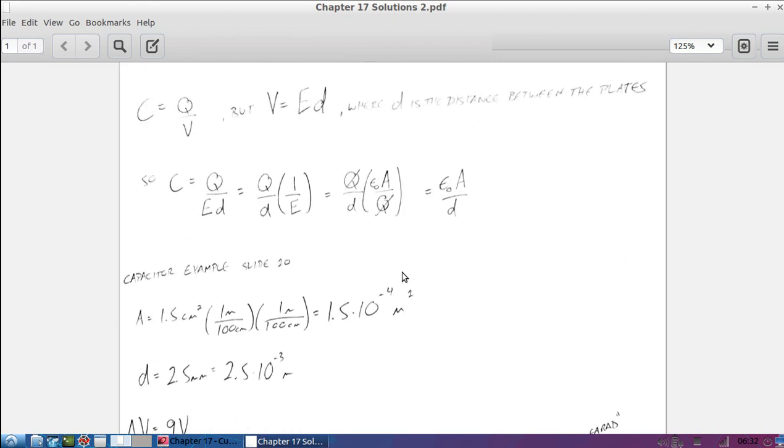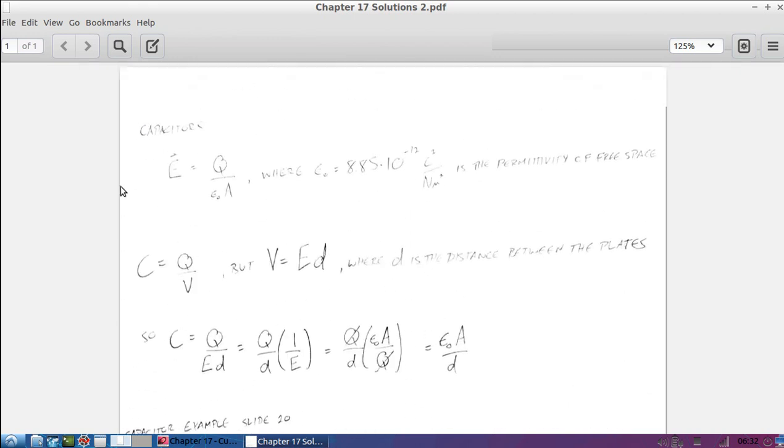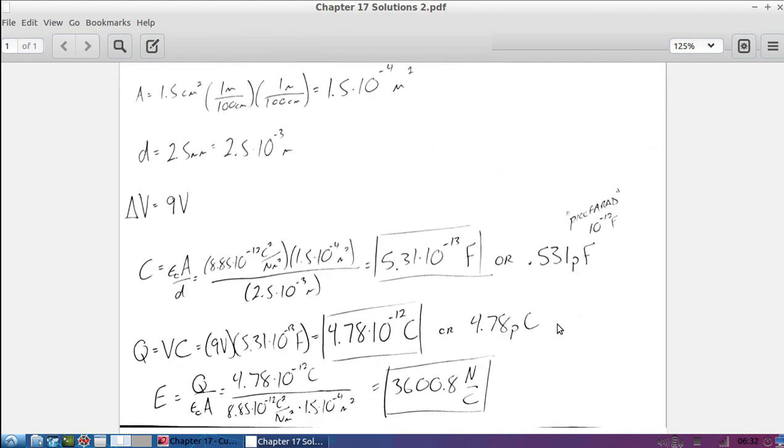We've got expressions for all of these. The electric field is in terms of the charge, capacitance is in terms of the charge. So I'm going to look for the capacitance first.